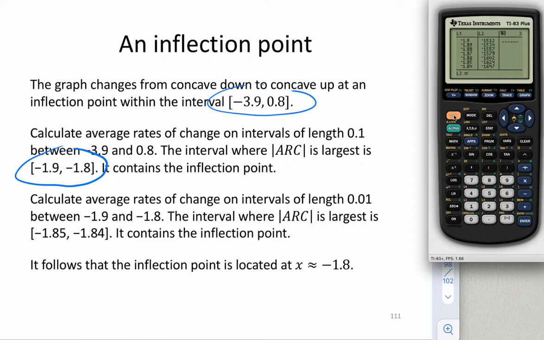So pointing up to L3, delta list L2, that's the change in outputs, divided by delta list L1, corresponding change in inputs. And here are those average rates of change. Now they look very close to one another, since we're looking at a very small overall interval.